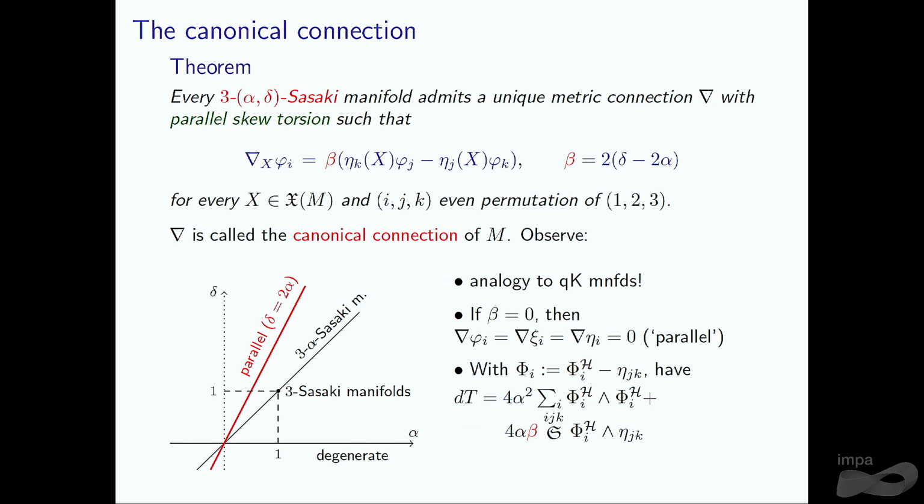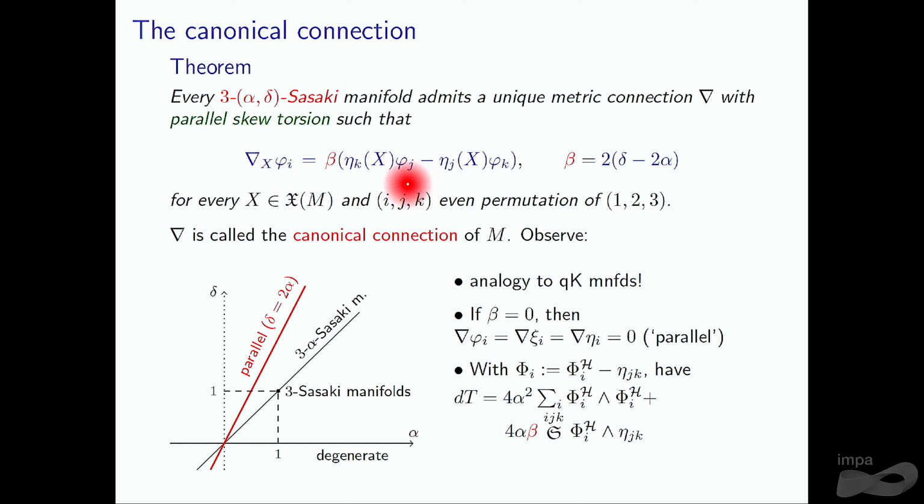Okay. Now, 3-contact geometry does not correspond in a one-to-one way to a reduction of the frame bundle, and therefore it does not fit immediately into our scheme. Nevertheless, things work out nicely because we prove that every 3-alpha-delta Sasaki manifold admits a unique metric connection with parallel skew torsion such that this equation holds. So the derivative in direction X of phi_i is a linear combination.